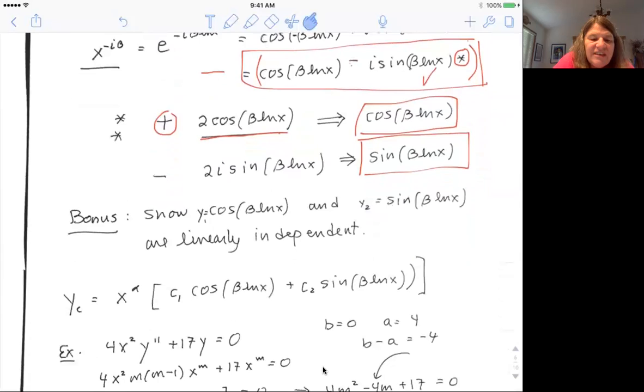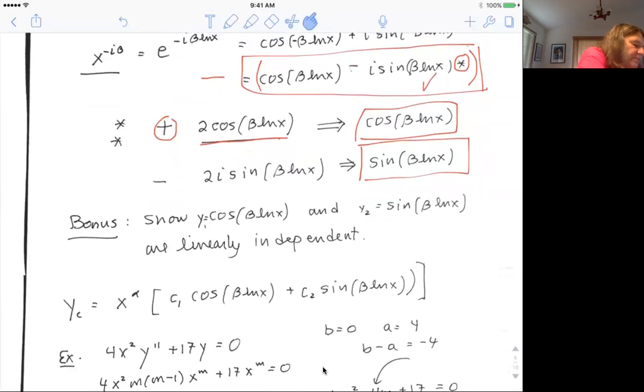So what happens here then, guys, is that when we look at the y_c, it's going to end up being x to the alpha. I'm pulling that out because remember it was x to the alpha plus i beta, which is just x to the alpha times x to the i beta.